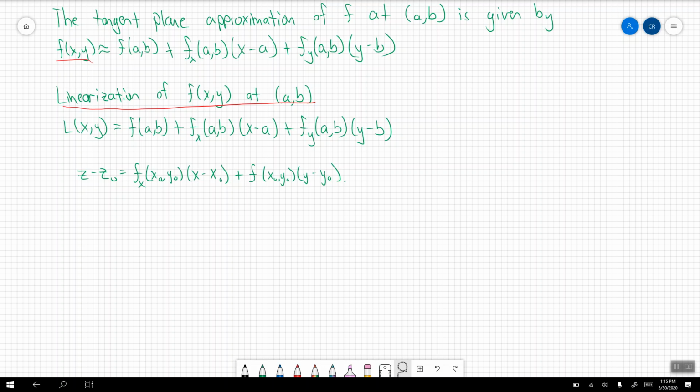So let's start dissecting this. Looking at this equation for the equation of the tangent plane that we initially derived from the very beginning, what would happen if we start solving for z?